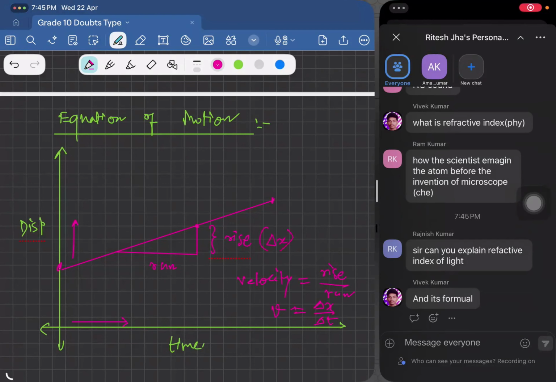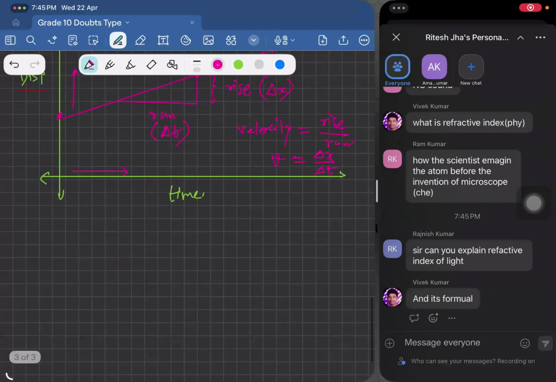Rise is Δx, run is Δt. All right. While I'm explaining, I want you all to be attentive as well. So suppose we have a velocity versus time graph.